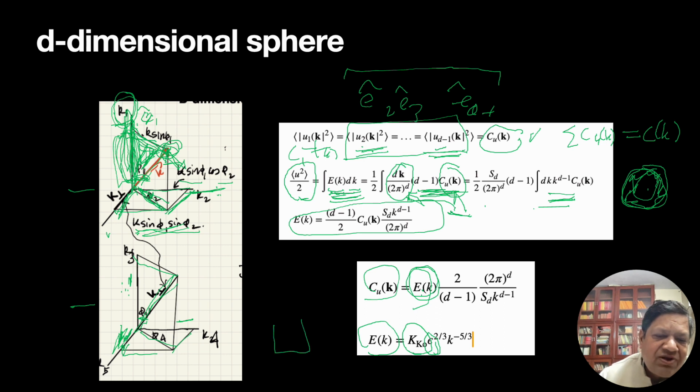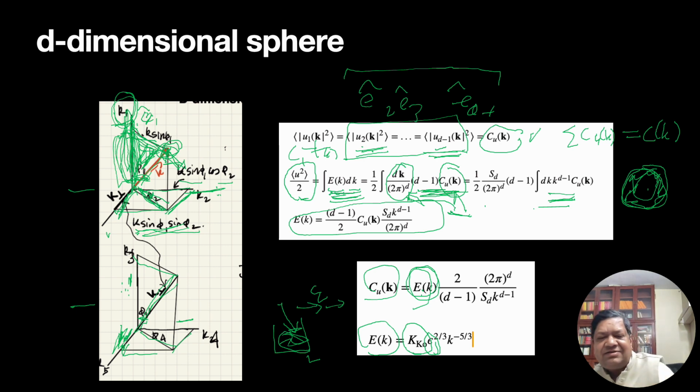So imagine I have a fluid in a big box of size L. We'll make L go to infinity because we assume that there's no boundary. So this energy is supplied at a large scale, and that goes down to small scales, cascaded. This is the energy supply rate from large scale, which is epsilon.